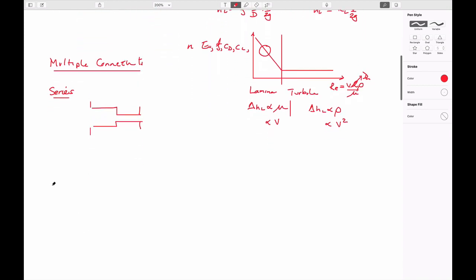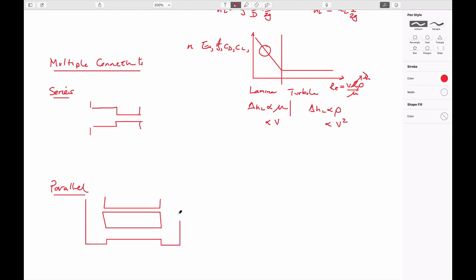And in parallel, we have pipes which join two tanks, which might be of different diameters, for example. I'm trying to join these by tanks for good measure. You get the picture anyway.